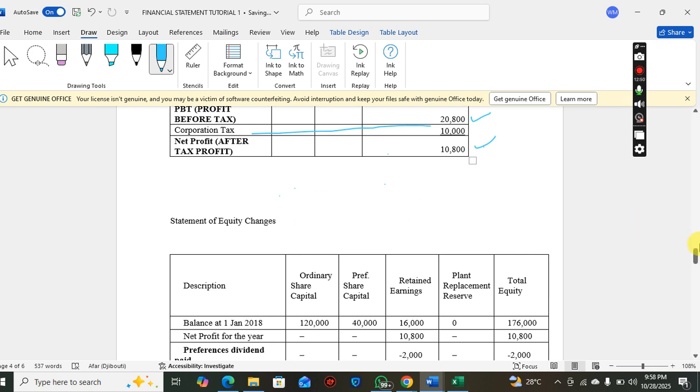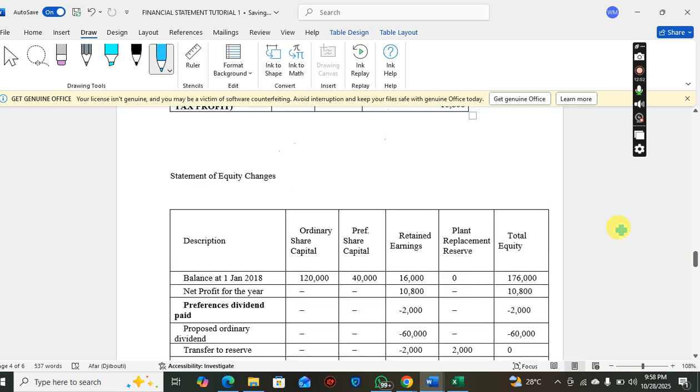Remember, they gave us our ordinary share capital. That is one part of the equity section. Colleagues, ordinary share capital is the amount raised from selling ordinary shares.